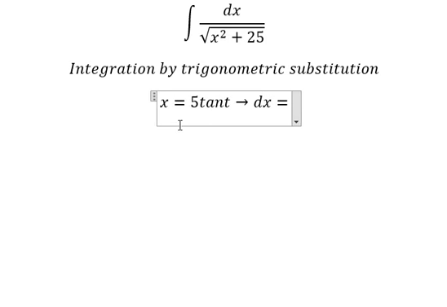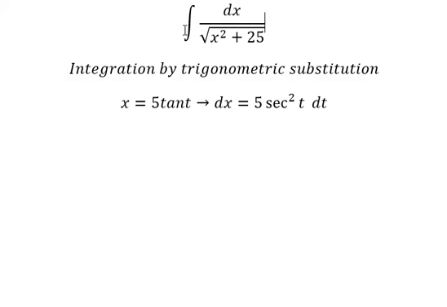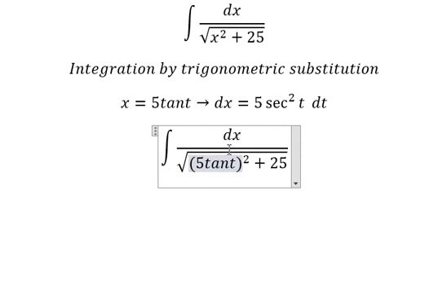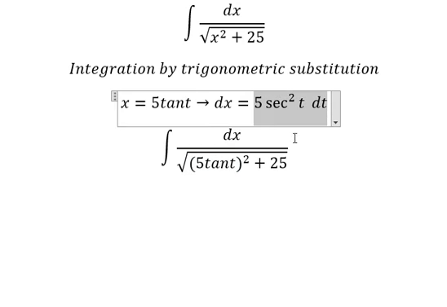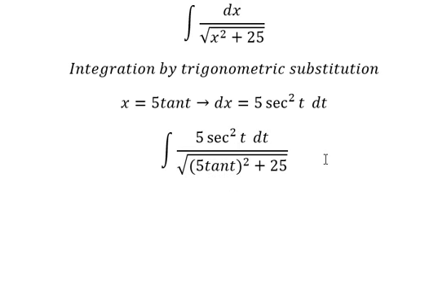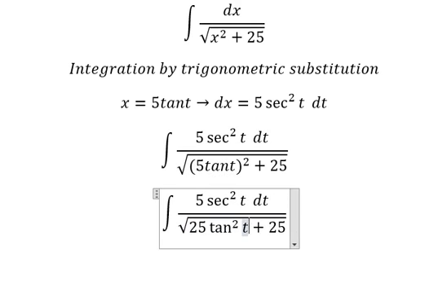Now we do the first derivative for both sides, and we have ds equals 5 secant of t squared dt. So we put this one going here. ds we change by this one. This one we have 25 tan t squared.